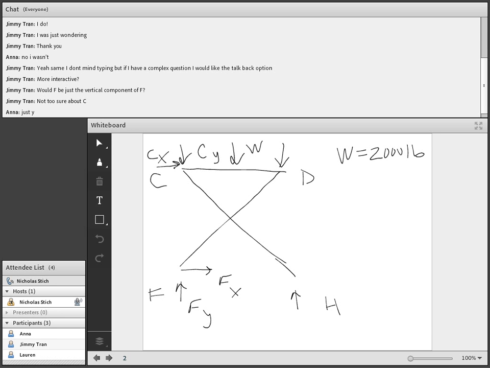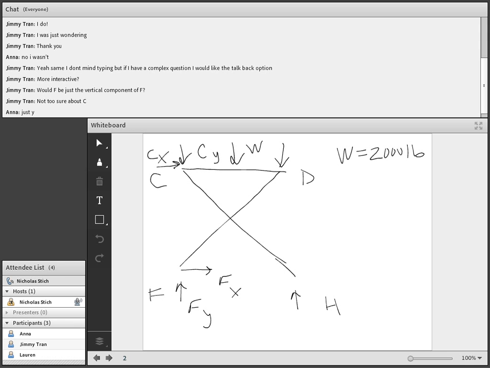And then our last equilibrium equation, we'll do sum of the forces in the Y. This is going to equal Fy plus H minus W, which equals 0 because we're at equilibrium. So from here we see that Fy equals W minus H equals 2,000 minus 1,000. Oops, 1,000. So now Fy equals 1,000 pounds. All right, cool.